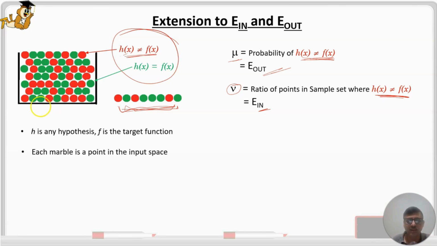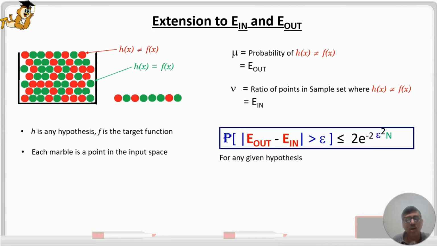Great. Like I said, this is a neat little trick, and what now happens is that your Hoeffding inequality can be used to correlate Eout and Ein. Substituting Eout for mu and Ein for nu in the earlier slide, I get: the probability of the absolute difference between Eout and Ein being greater than any given epsilon is less than 2 e to the minus 2 epsilon square n.